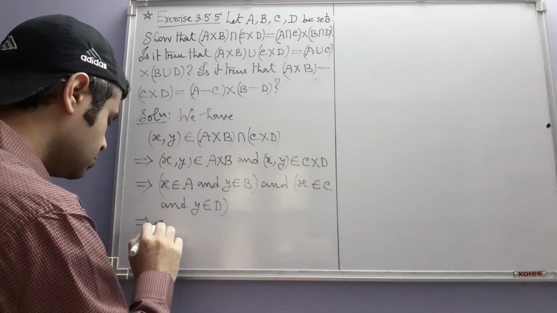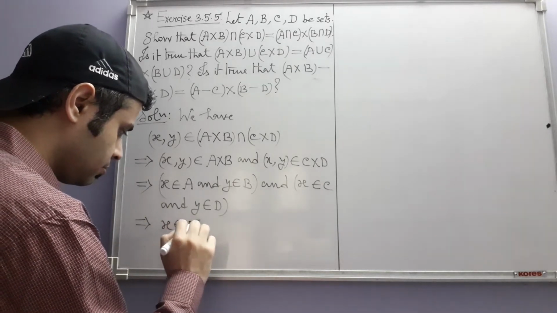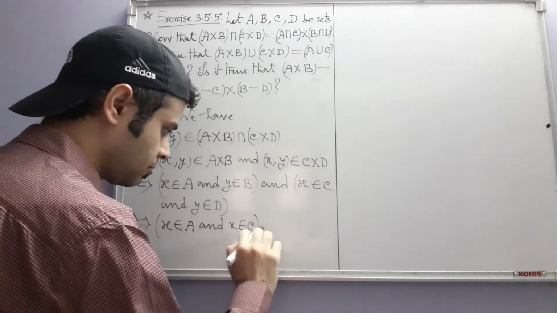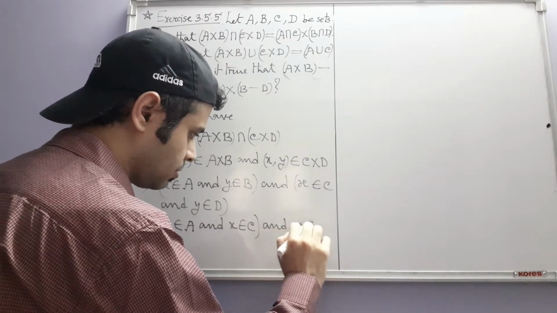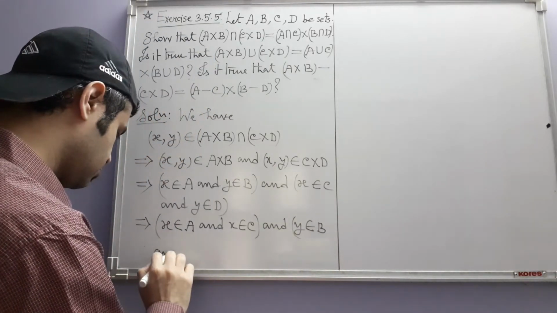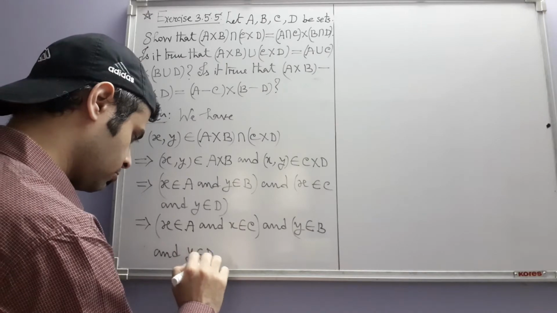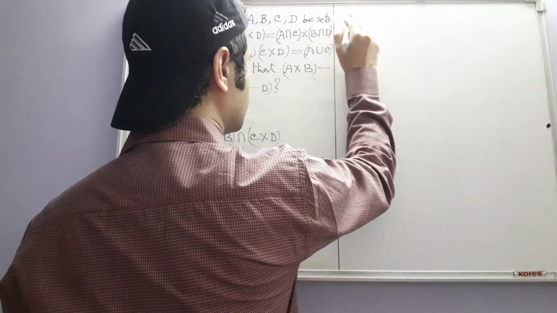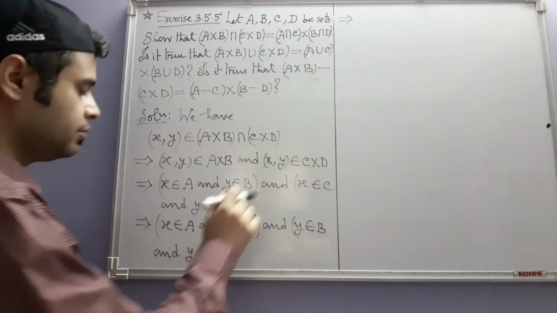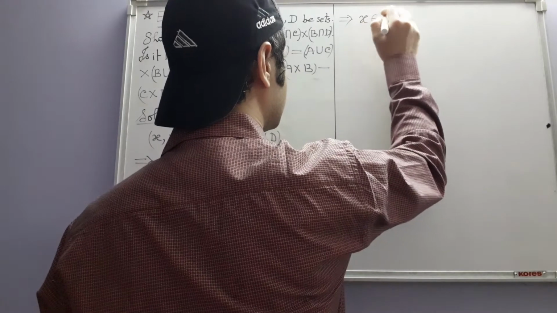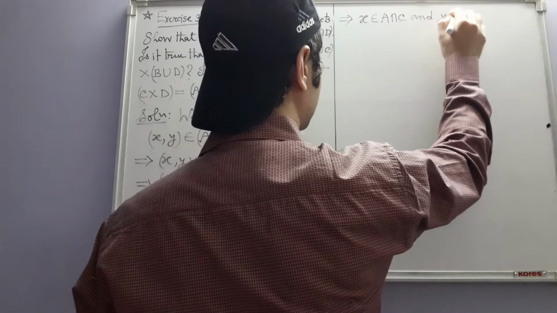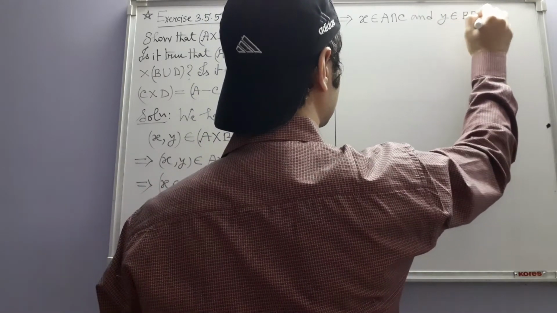So what we do is this: x belongs to A and x belongs to C, and y belongs to B and y belongs to D. This will directly imply, first of all, this and this, they will imply respectively x belongs to A intersection C and y belongs to B intersection D.